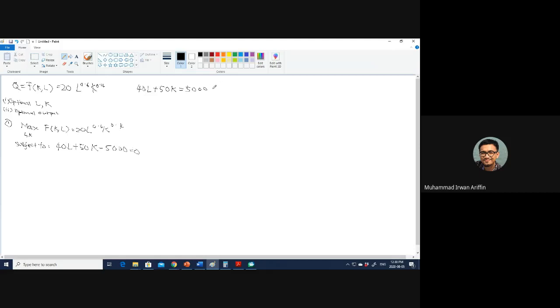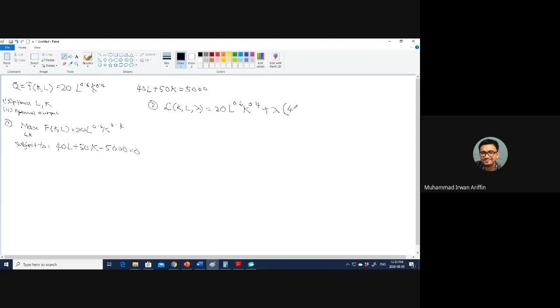Step number 2 will be to form the Lagrangian. Now we have K, L, and lambda. The first term would be the whole objective function that we want to maximize, so simply reproduce it here: 20 L to the power of 0.6, K to the power of 0.4, plus lambda, and then bracket.